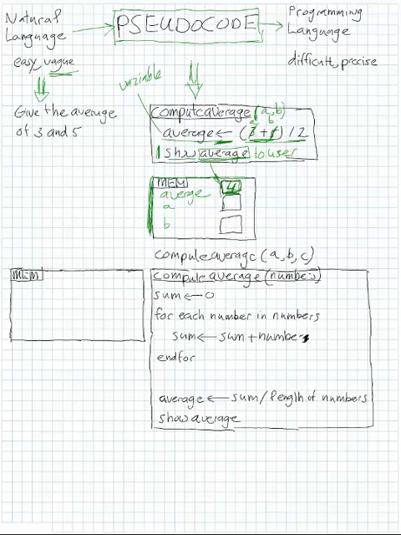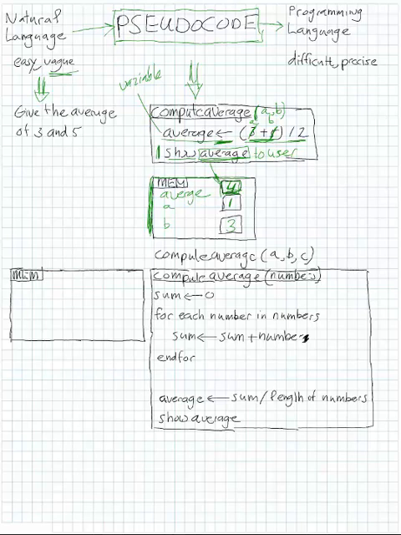So if we now start the algorithm with, for instance, two numbers 1 and 3, what happens? If we say compute average 1, 3, then A gets the value 1, B gets the value 3. Then the algorithm starts.